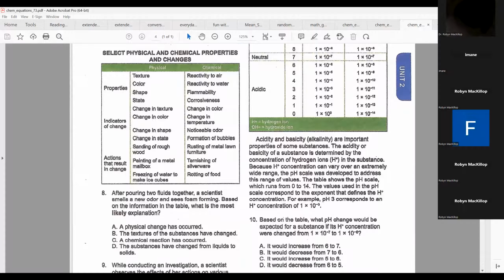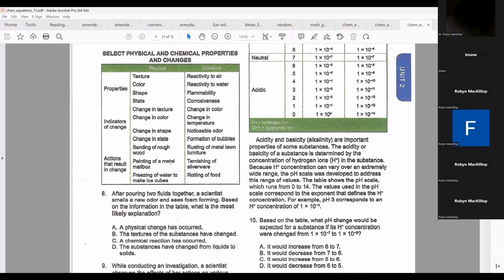This is select physical and chemical properties and changes. And here, things that are physical: texture, color, shape, state. State means, think about water. If you freeze water, you have an ice cube or snow, it's frozen, it's solid. If you boil water, you get steam, so it becomes a gas. That is a physical change because it's still water.